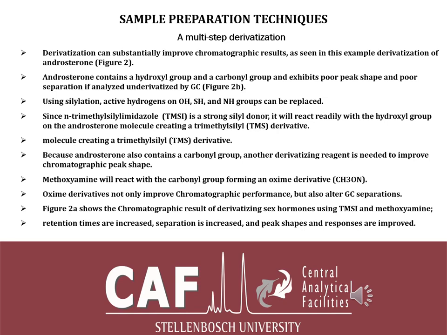With derivatizing, the peaks were higher and sharper, also including the order in which the compounds were coming. Androstenedione contains a hydroxyl group and a carbonyl group, and that exhibits poor peak shape and poor separation if analyzed underivatized by GCMS, as previously shown.